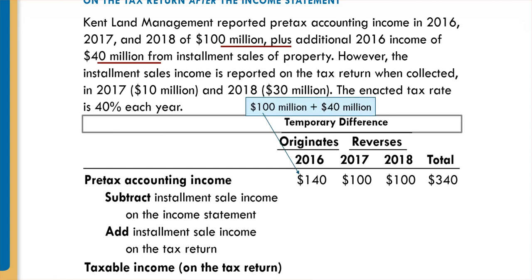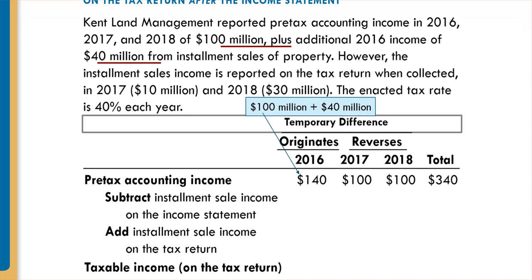For simplicity purposes, they kept it at 100 million for 2017 and 2018. In the first year, we do not pay taxes on the installment sale. And the assumption with this problem, I have to tell you, is that there's no cash coming in from installment sales in 2016.